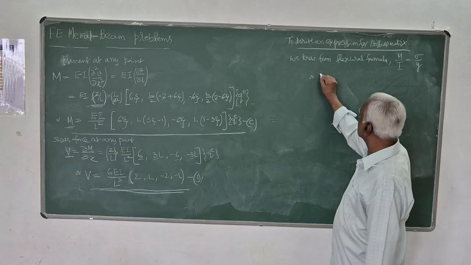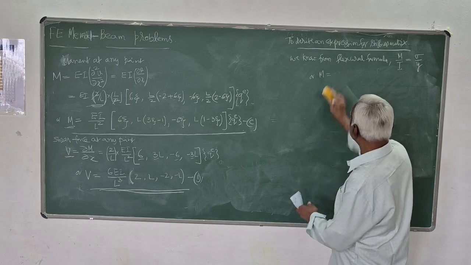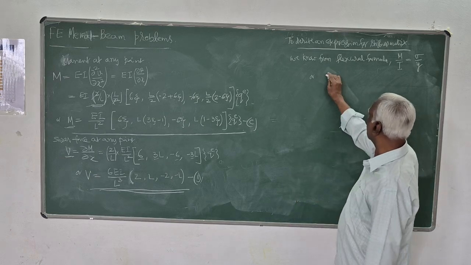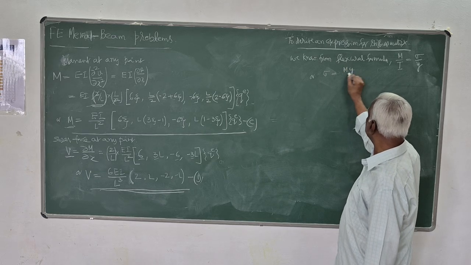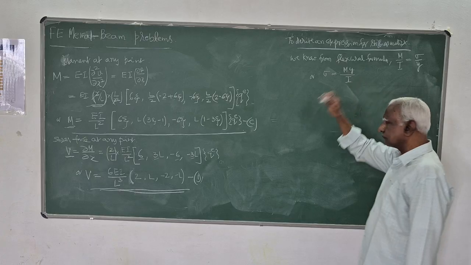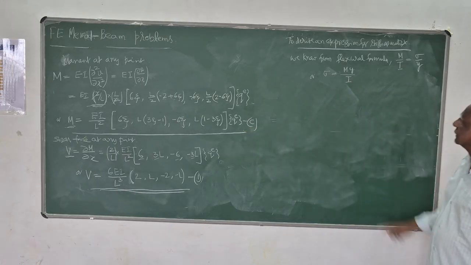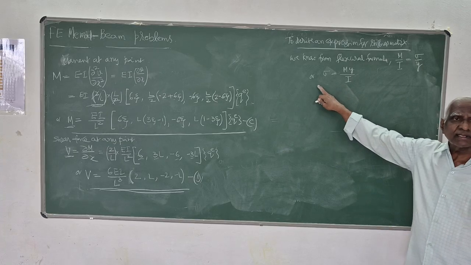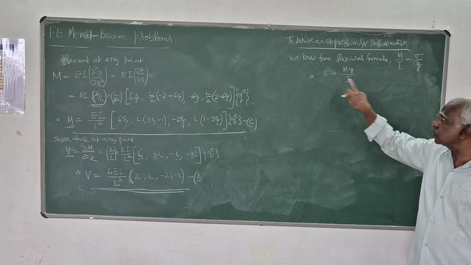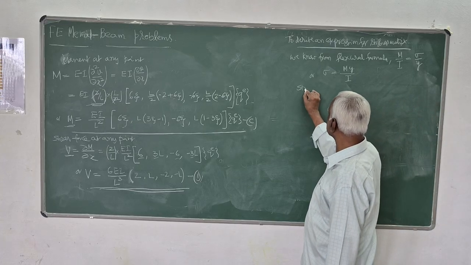Or you can say sigma is equal to My by I. You have the expression for M. Use this flexural formula equation and get sigma. Then once you know sigma, you can find strain.